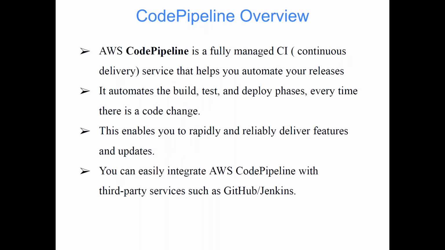So AWS CodePipeline is a fully managed continuous delivery service that helps you automate your releases. When we talked about the CI/CD concept, CI stands for continuous integration and CD stands for continuous delivery, or you can say continuous deployment.